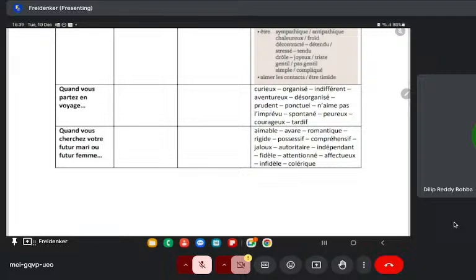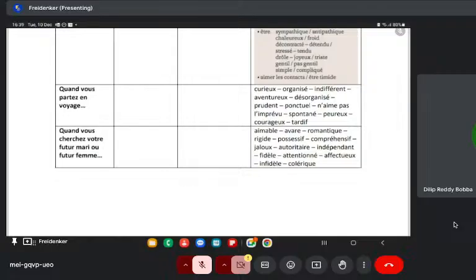Prudent is prudent basically in English, so you can look up the meaning of that. Ponctuel is punctual.